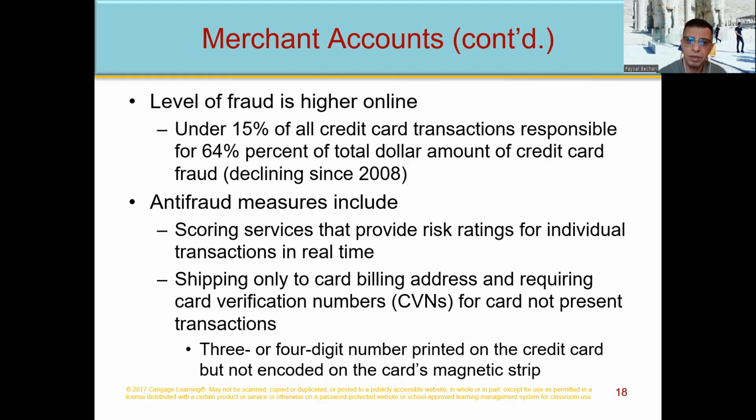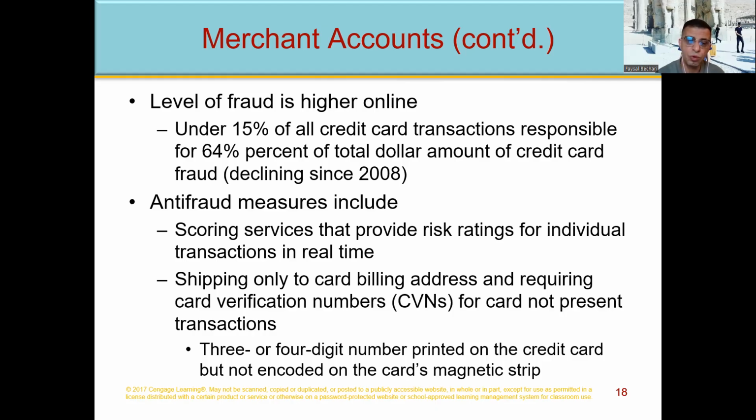The anti-fraud measures include scoring services that provide a risk rating for individual transactions in real time. We'll explain how, for example, RBC does it. Shipping only to the card billing address and requiring the card verification number, CVN, for a card-not-present transaction.